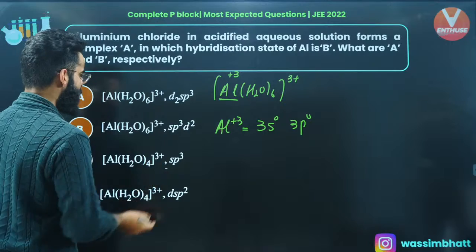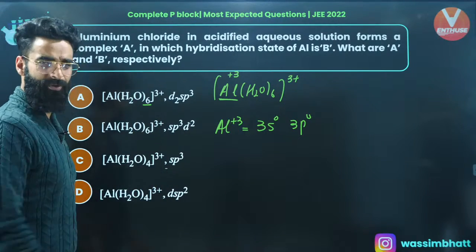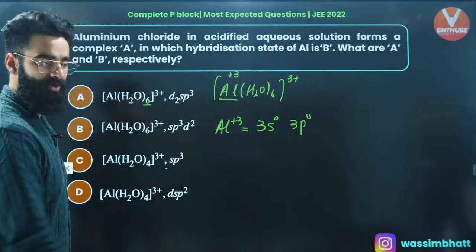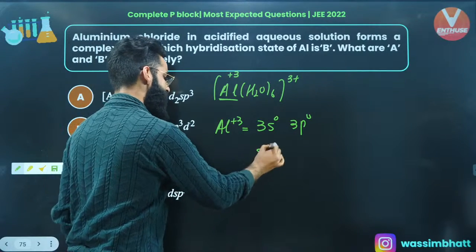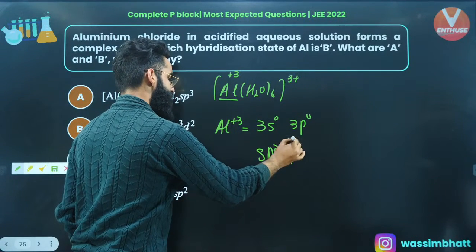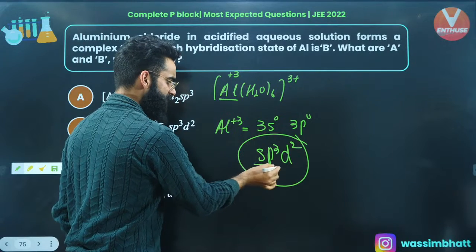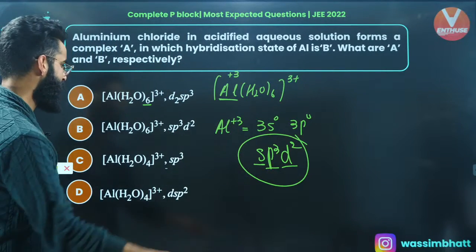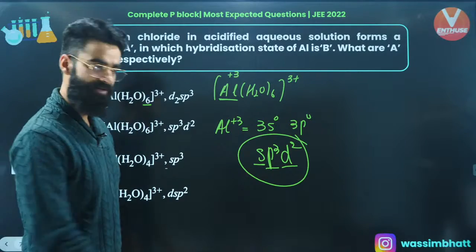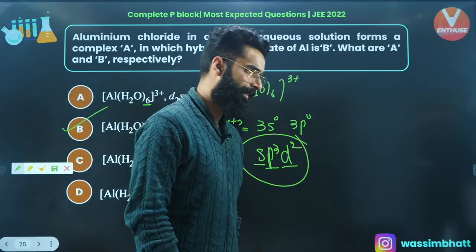So what is the coordination number in this particular case? Since there are 6 coordinate bonds, this Al3+ has to arrange 6 vacant orbitals for hybridization. These are going to be the 6 vacant orbitals: one s, three p and two d. So there is sp3d2 hybridization involved, and option D is absolutely going to be the correct one among all. Simple and basic again.